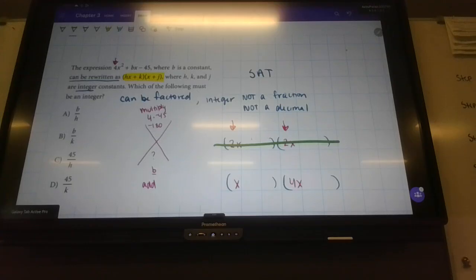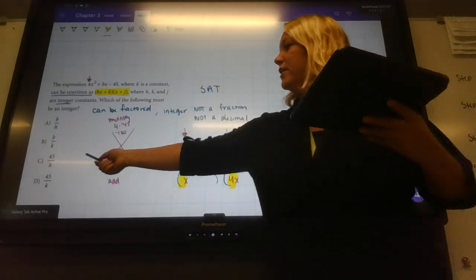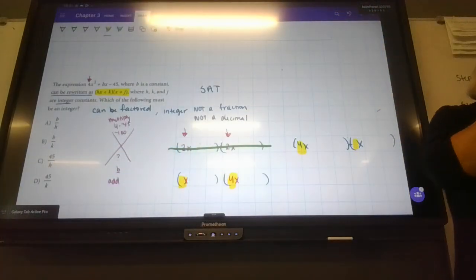It's definitely going to be x and 4, or maybe the 4x's first, right? So we know that h is either 4 or 1. Okay. So could we say right now that 45 divides by 4? No, so we can get C out of there.